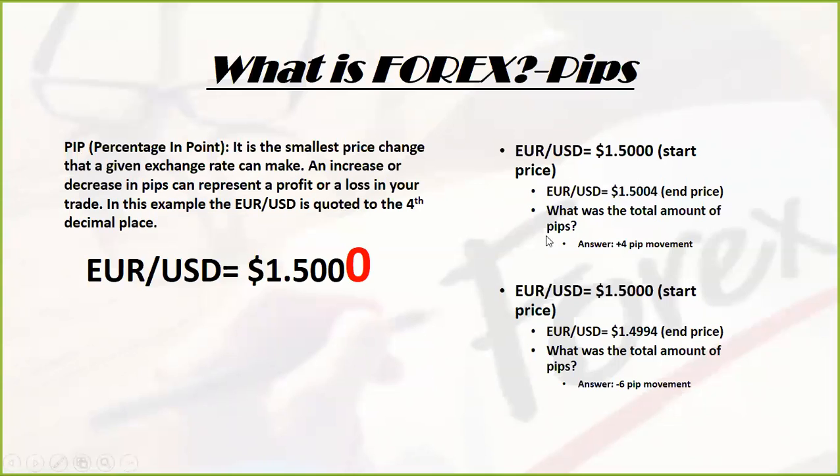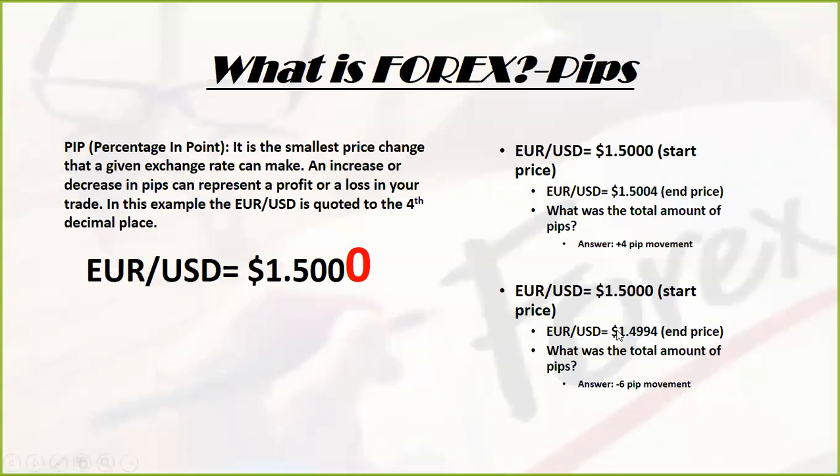That's pretty much how you do it. You just add if it goes up, and if it goes down, you subtract. In this next example, the start price is $1.50 and the end price is $1.49.94. So we had a negative 6 pip movement, because if you subtract 6 from $1.50, you get $49.94.